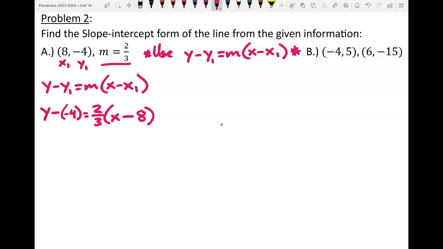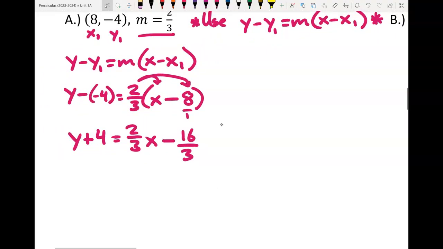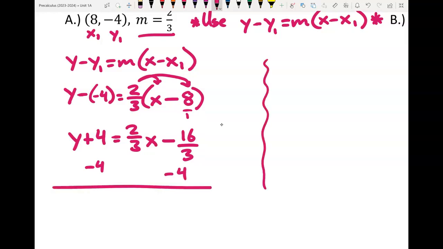So I'm going to go ahead and distribute in my 2/3. So that becomes y plus 4 equals 2/3 x minus 16/3. We think about that as 8 over 1, and we're multiplying. All right, if I want to get y by itself, Brandon, what would I need to do? Subtract our 4, right? So minus 4 on both sides. I'm going to go ahead and do that fraction operation over here.